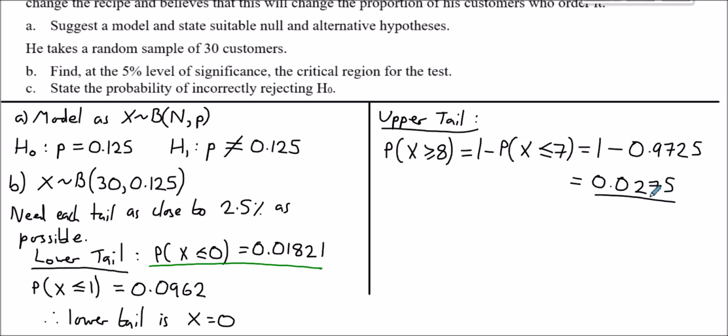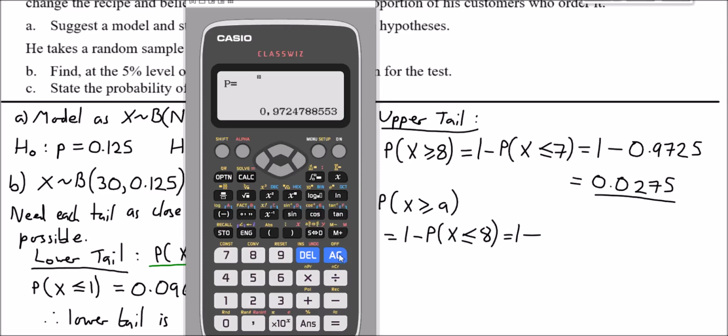Let's compare this with the next one up, see if it's closer to 2.5%. That's pretty close to 0.025, so probably not, but let's try it. The probability of x being 9 or greater, that's 1 minus the probability of x being up to and including 8. So on the calculator, toggle back with AC, type x as 8.